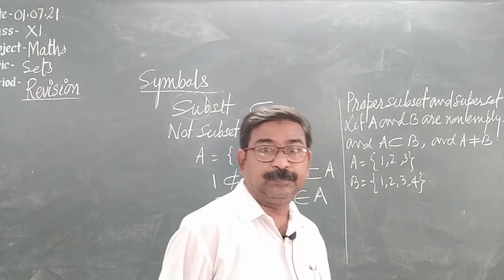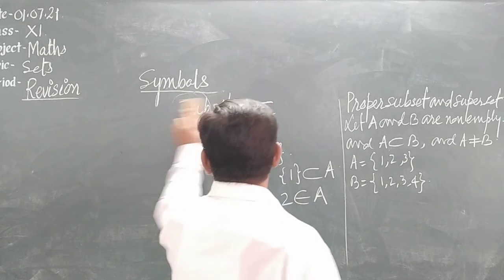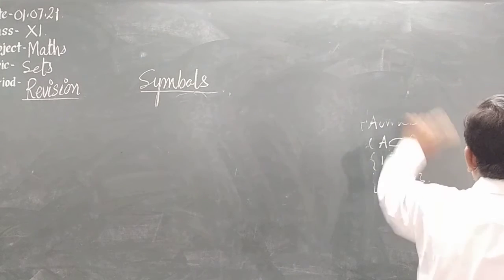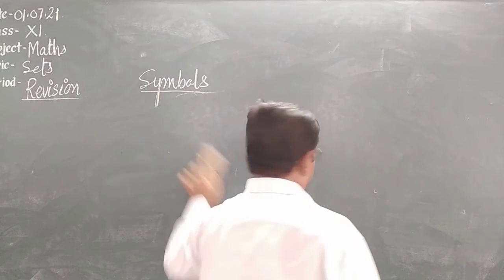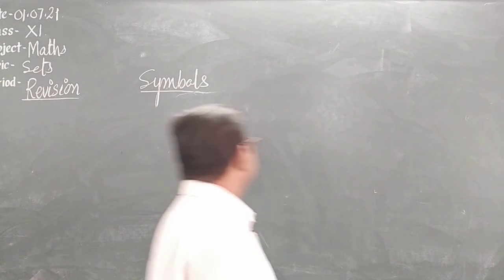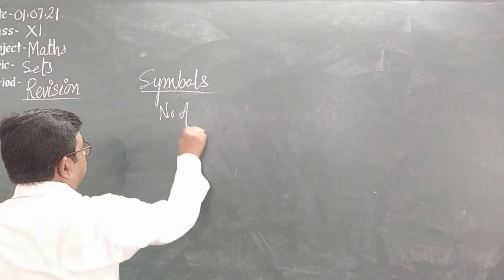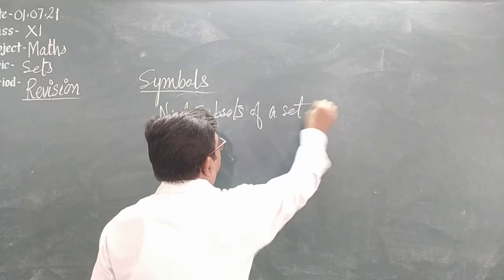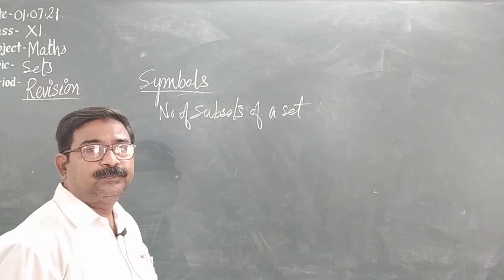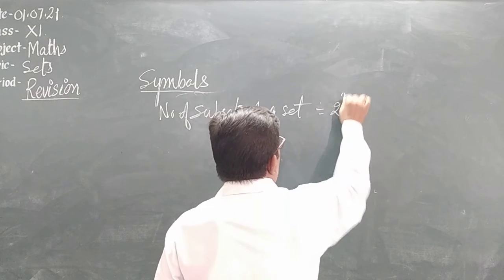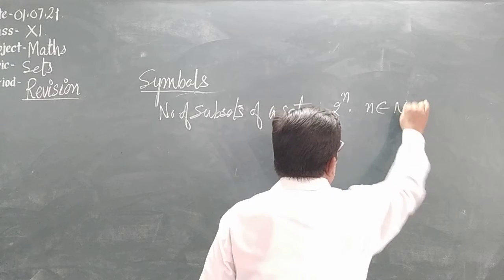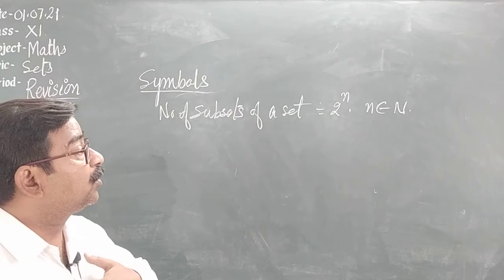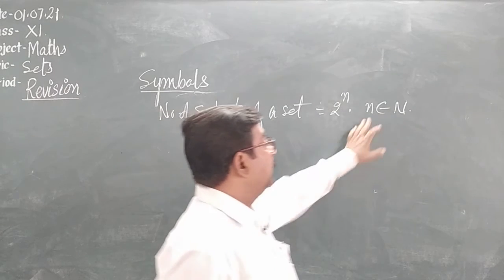Now, the number of subsets. The number of subsets of a set is written as 2 to the power n, where small n is the number of elements in a set and n is a natural number.